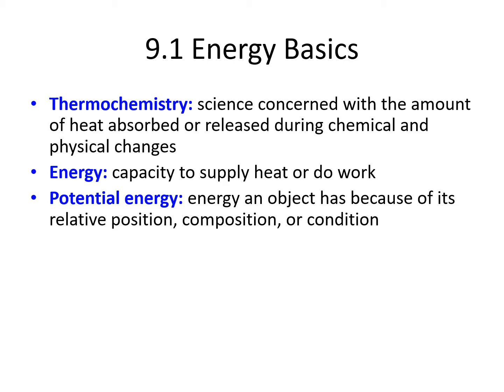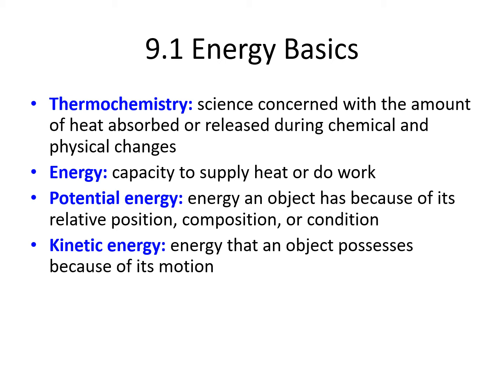Potential energy is the energy that an object has based on its position, composition, or condition. Basically, where it is, what it is made up of, or what are the circumstances surrounding it. So an example is a ball poised at the top of a hill. It's ready to roll down. And based on the fact that it's at the top of the hill, it has some potential energy.